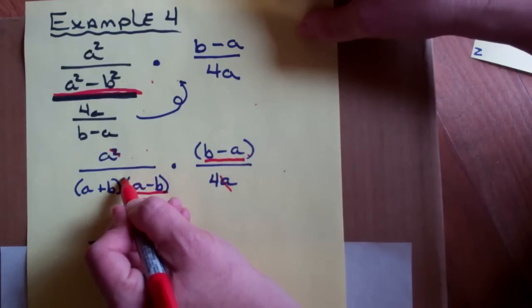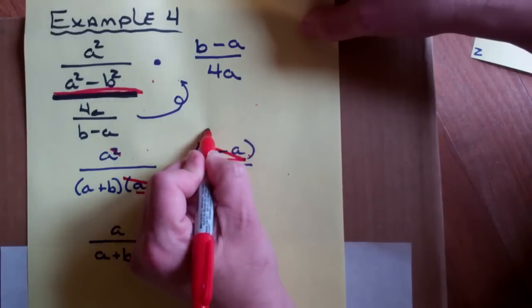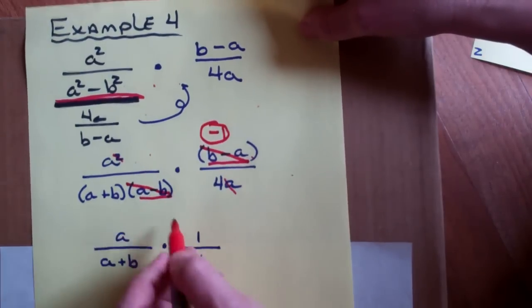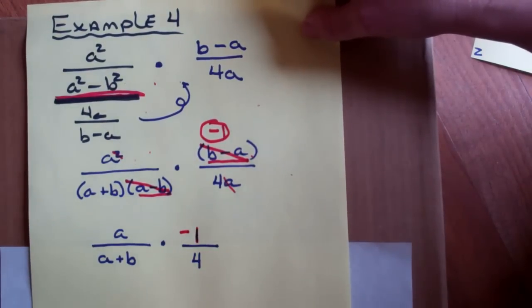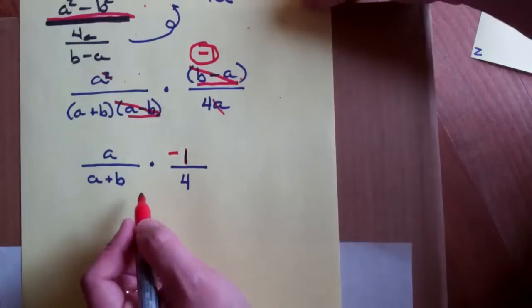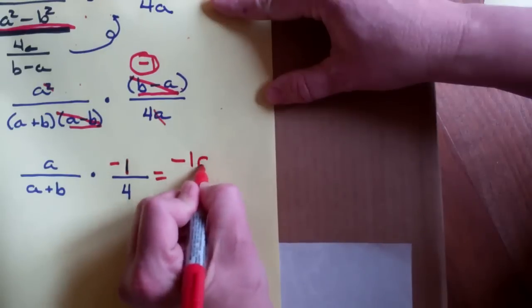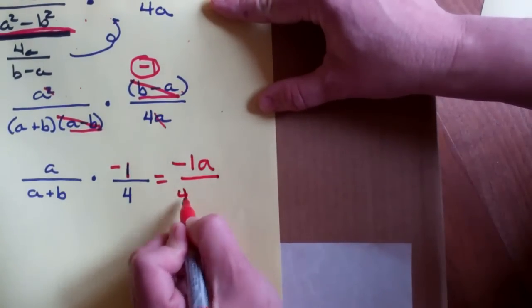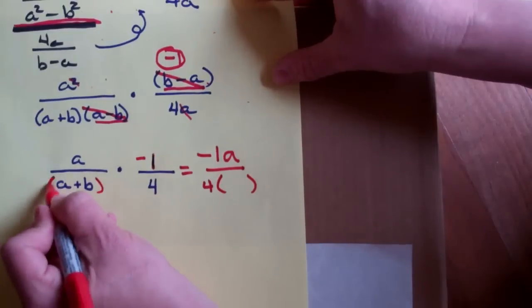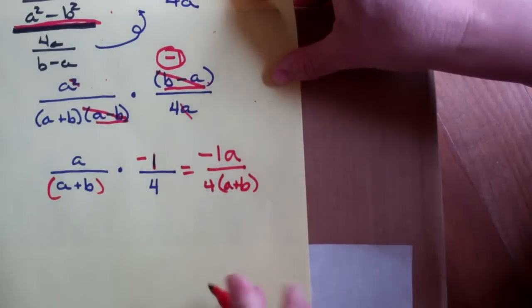So if I were to cancel this factor with this one, I'd actually have a remaining factor of -1 left. Then we can just multiply through the top and through the bottom. I end up with -1a over 4 times the quantity a plus b.